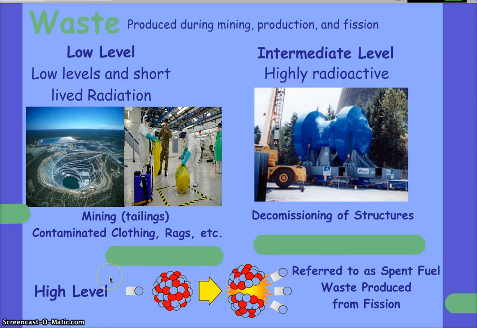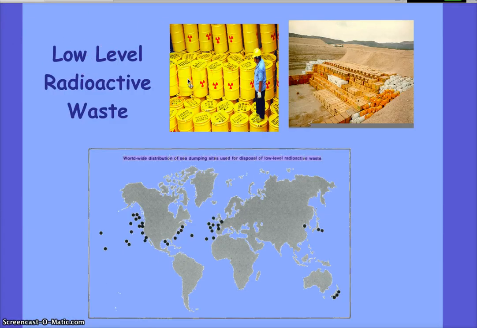So who knows what we do with this waste? Correct. For a long time, we took any of this waste, any kind, high, low, doesn't matter, and we put them in these, what are these? Barrels. We literally put them in steel drums, and we buried it or threw it in the ocean.